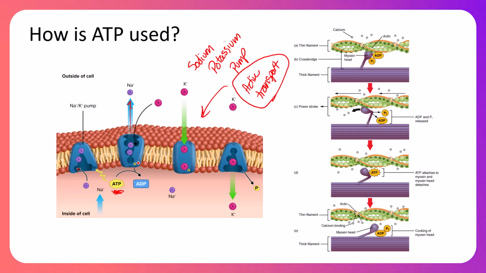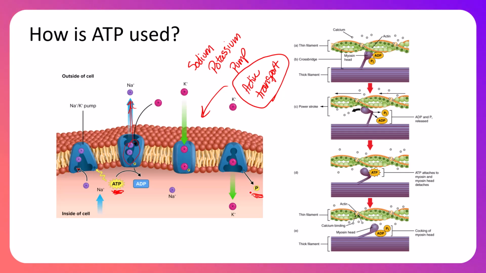So this phosphate changes the shape of the protein, therefore opening it to the other side of the cell, which is what allows that sodium to then leave the cell, which is where it can then be filled with potassium. And then once it is filled with potassium, it can change its shape back by releasing that phosphate and therefore allowing the potassium into the cell. Yep, so both potassium and sodium are being actively pumped against their concentration gradient, utilizing the energy in ATP. Right, it's only done because ATP's energy is being used in that moment.